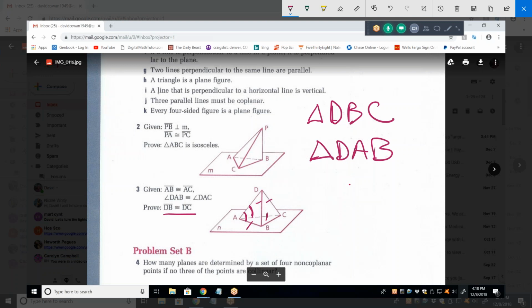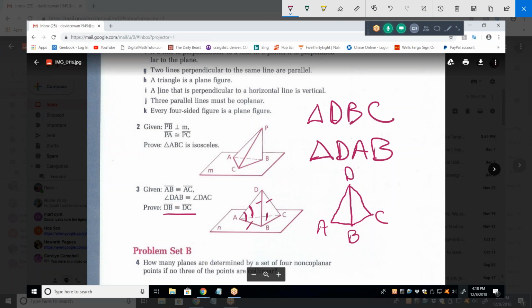If I drew them the following way, if I flatten them out, that's D, that's B, that's C, and that's A. You feel me on what I'm doing here?